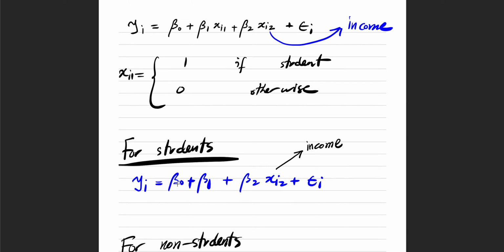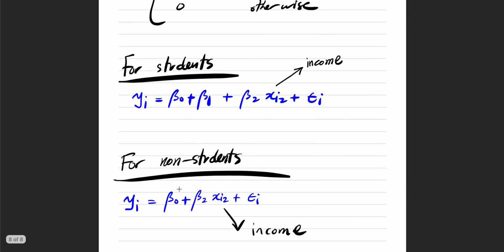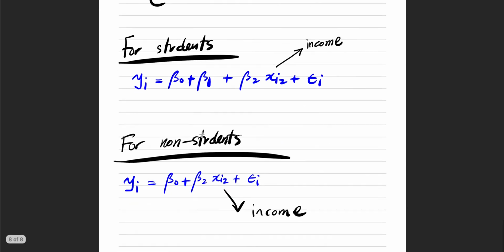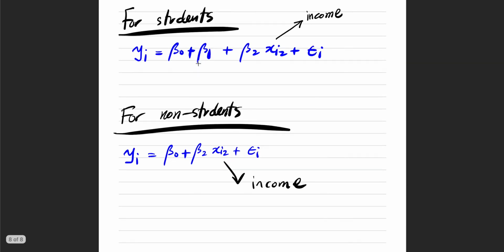So the balance and income will be linearly related with this intercept. And for non-students, xi1 is 0, so xi1 times beta 1 will be 0.